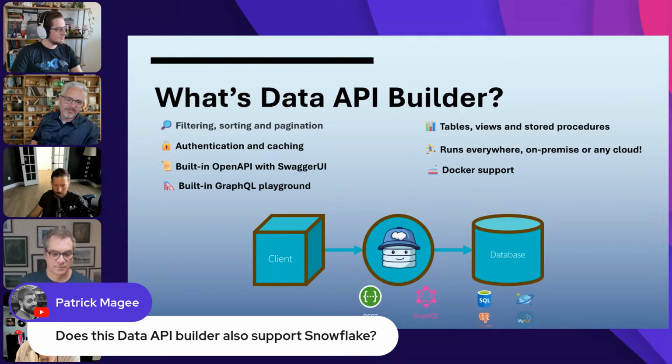And then we got another one here from Patrick. Does it support Snowflake? Good question, Patrick. Let me answer that. The two top requests of backend data sources that we do not support today, but we want to support, are Oracle and Snowflake. So the answer is no, we don't support it right now.